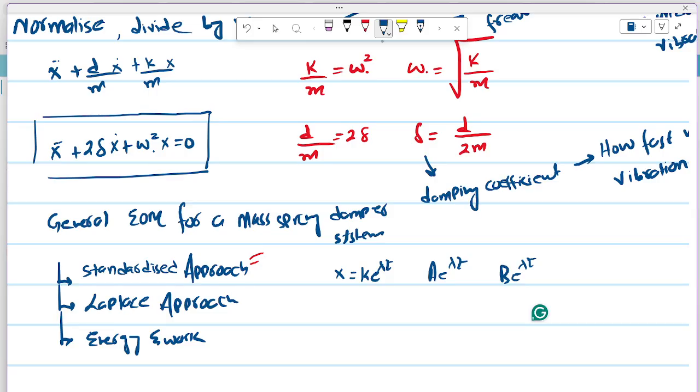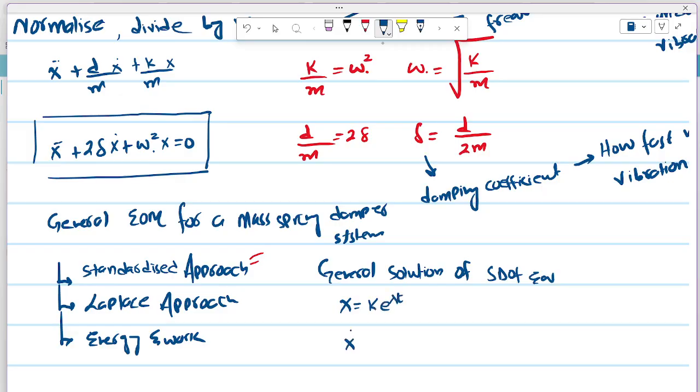It's just a constant value. Maybe you must have studied this in calculus. So that's the general solution of the second order equation: x equals k e to the lambda t.